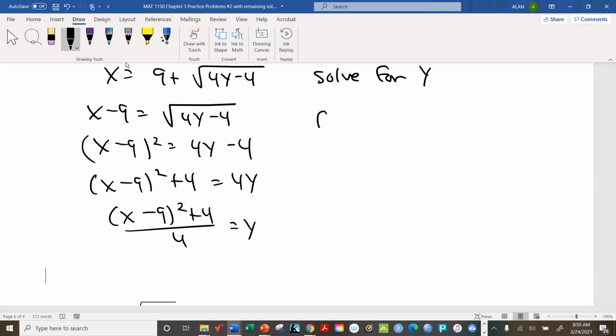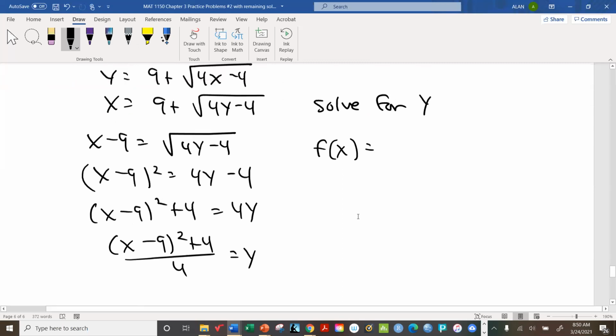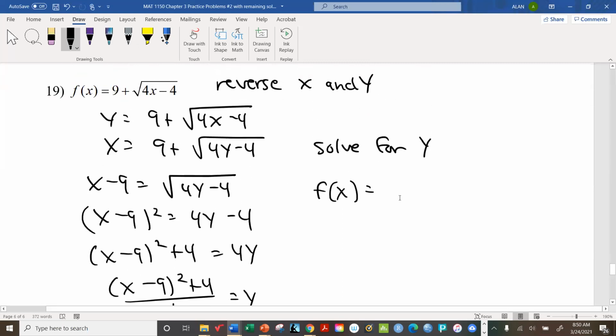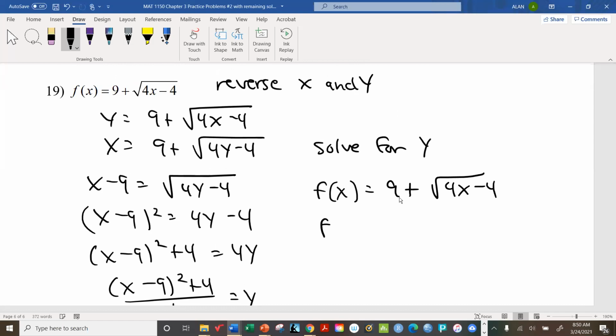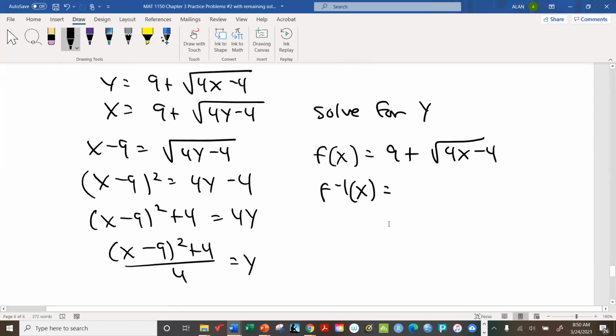Okay, so the original function was 9 plus radical 4x minus 4, and the inverse that we've just discovered is (x minus 9) squared plus 4 over 4.